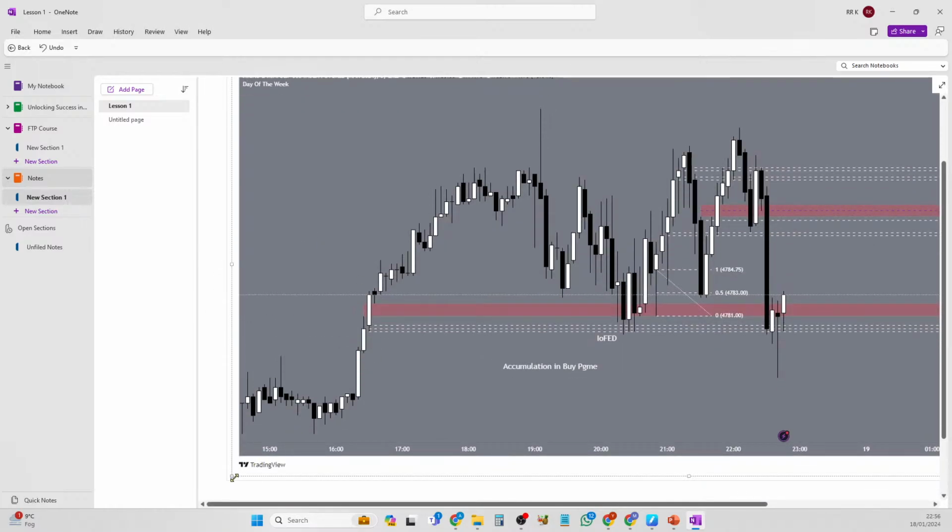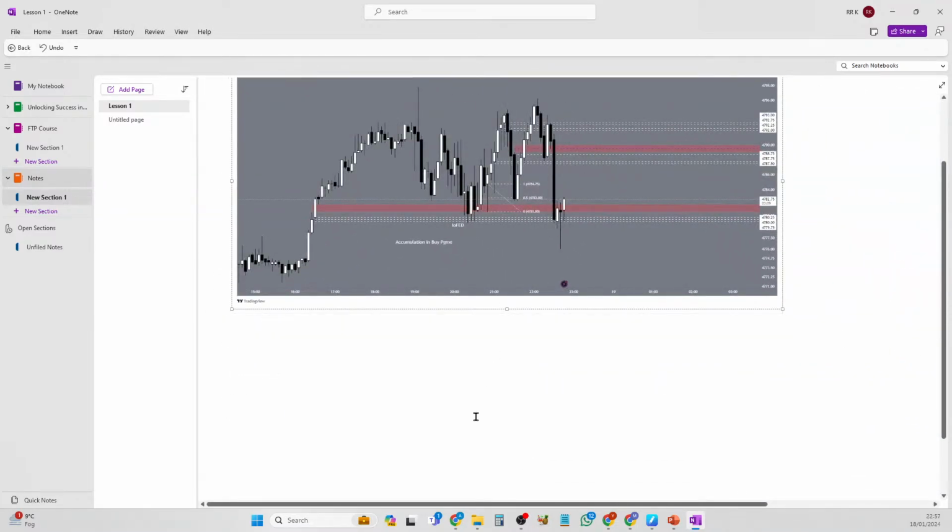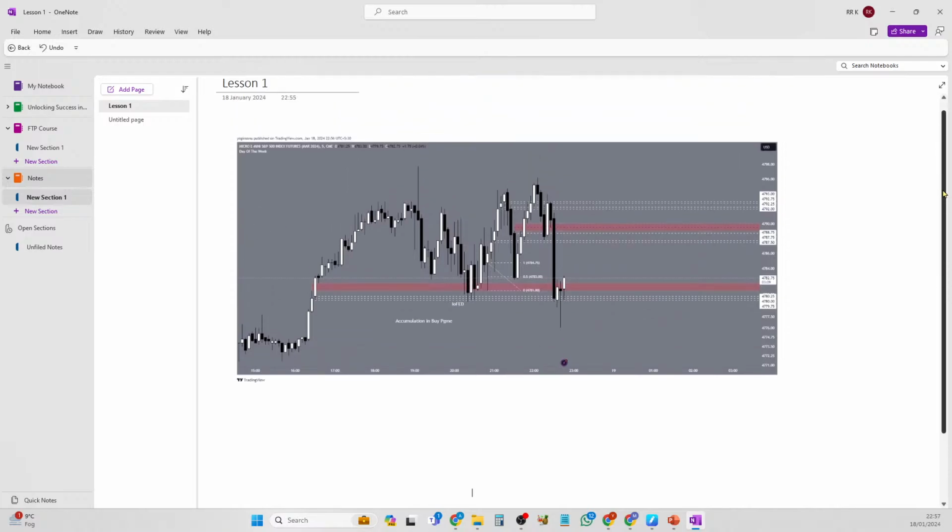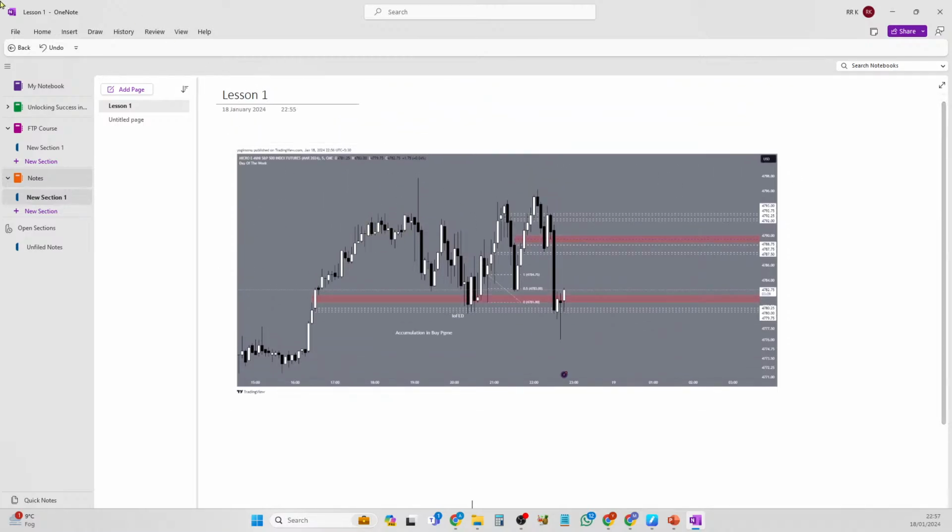That chart just comes up. You can resize that. You can write notes over it. So this is a platform wherein your note taking can become easier, and then you can keep saving this in your local PC, or you can have it on your cloud.